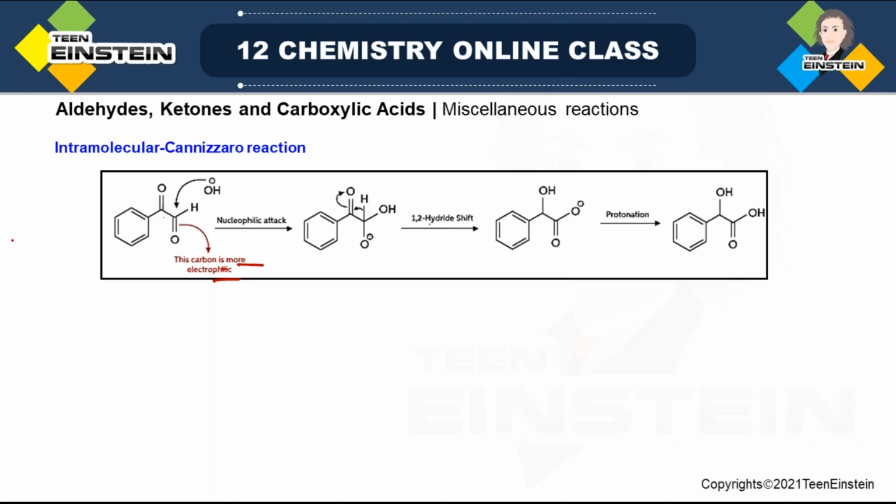Now when it is attached to the Ph ring, resonance with the double bonds of the Ph ring is possible. That means this type of resonance structure we can have, there is a positive charge, and CO negative.